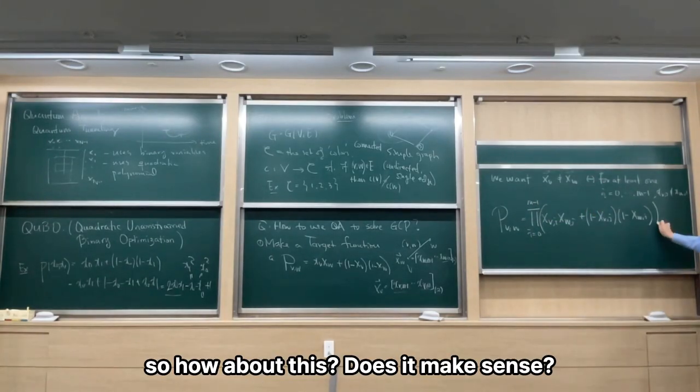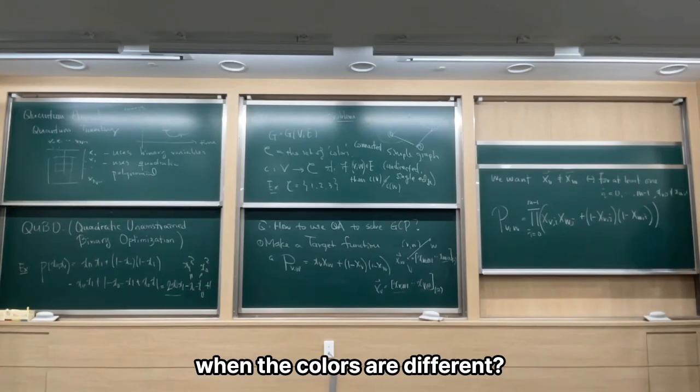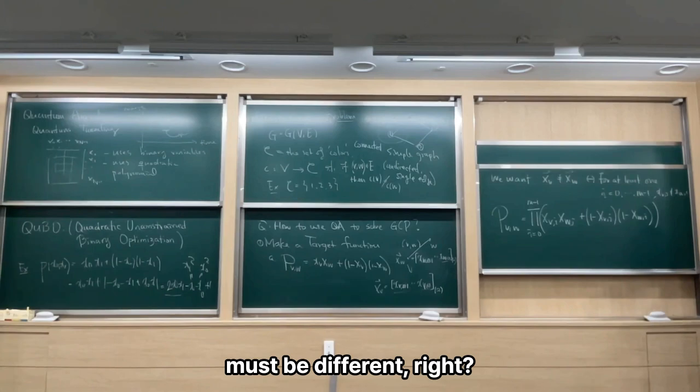How about this? Does it make sense? So what's the value of this function when the colors are different? Different color means at least one of the places of the binary representation of those colors must be different, right?